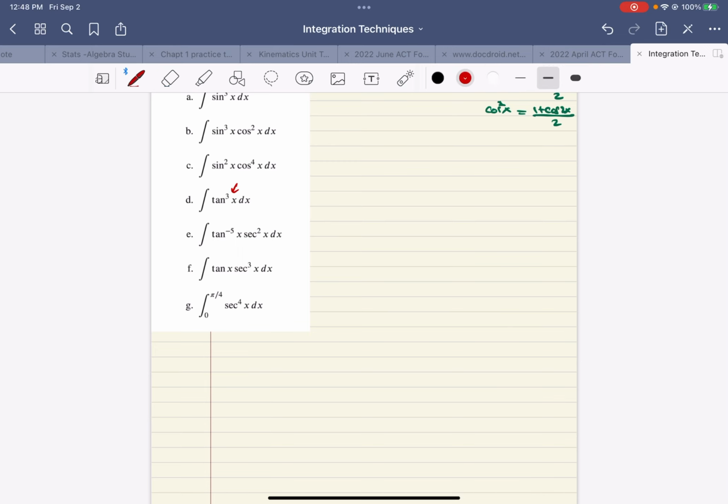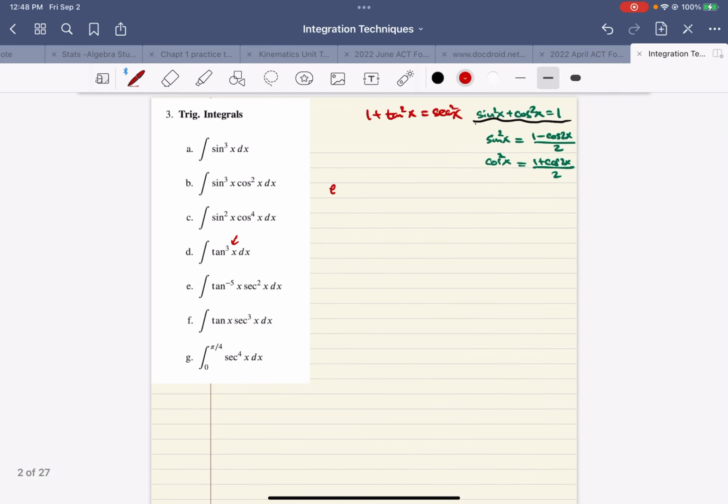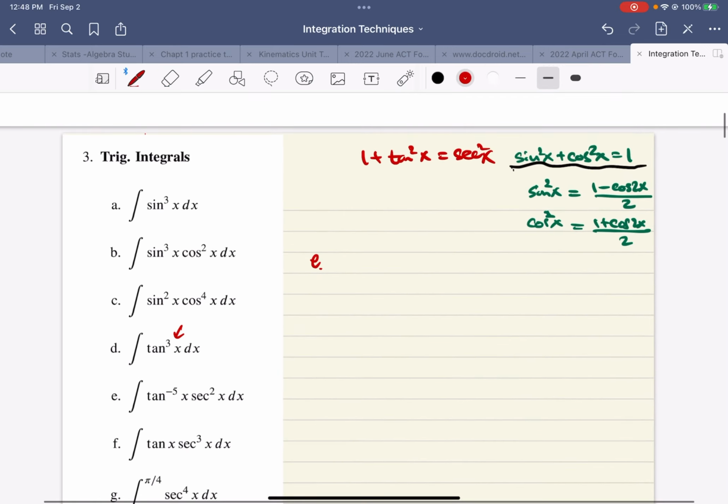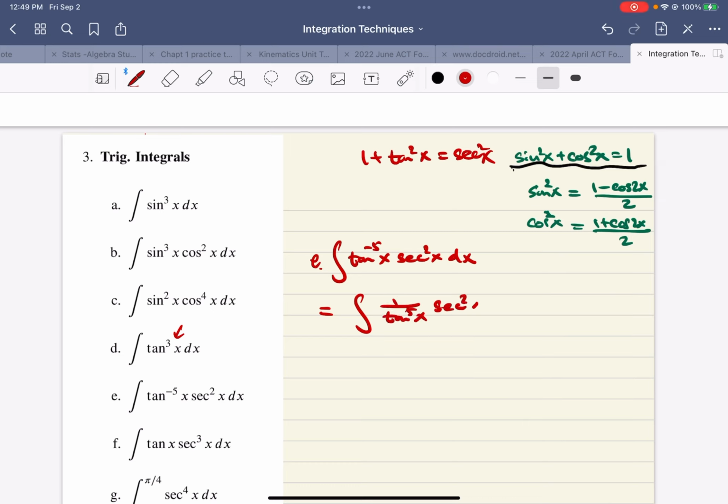Now E. Tangent negative 5x and then secant square x dx. Okay, so first of all, what you can do is switch this one to a positive exponent, which is 1 over tangent to the fifth power x secant square x dx.